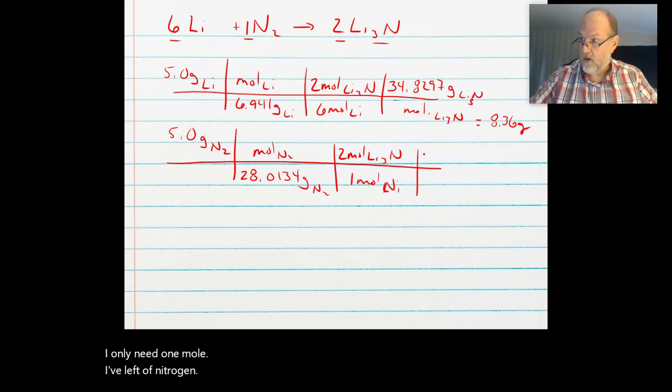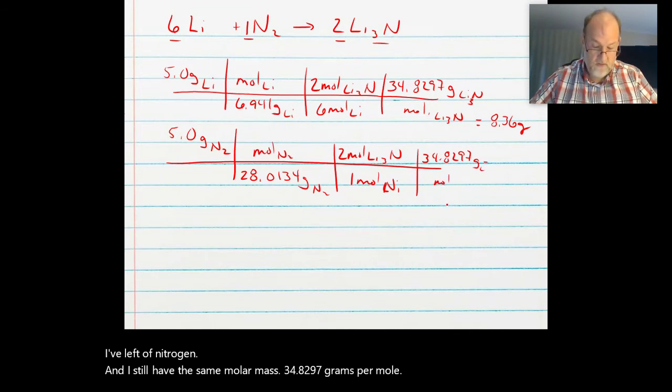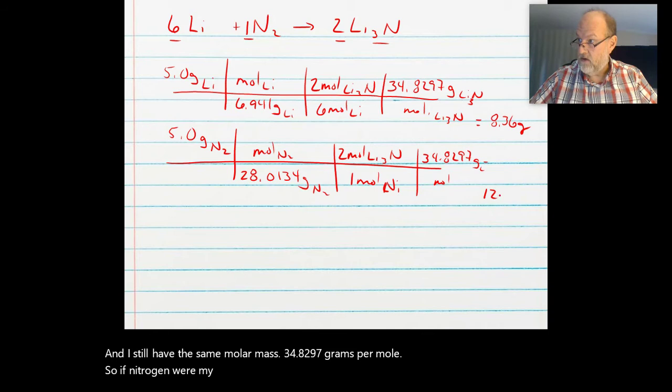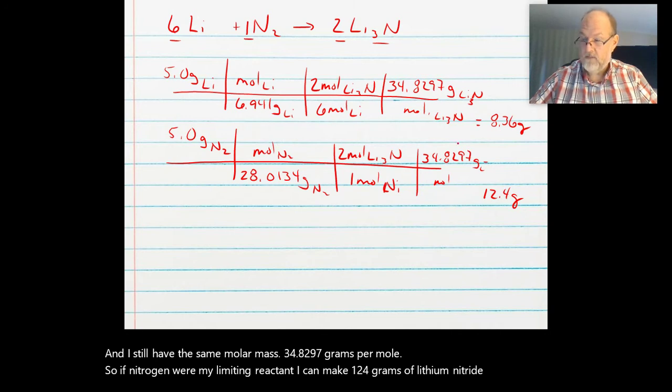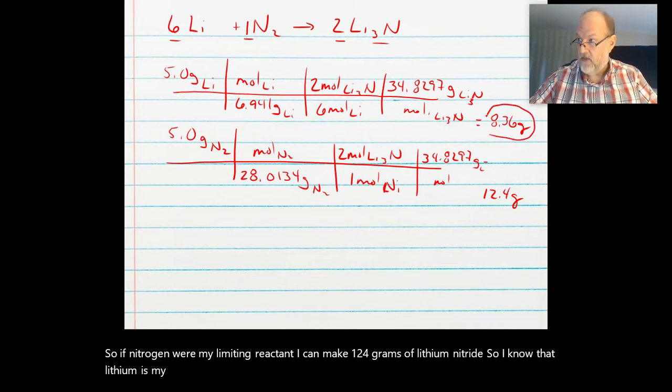And I still have the same molar mass, 34.8297 grams per mole. So if nitrogen were my limiting reactant, I could make 12.4 grams of lithium nitride. So I know that lithium is my limiting reactant, and this is my theoretical yield.